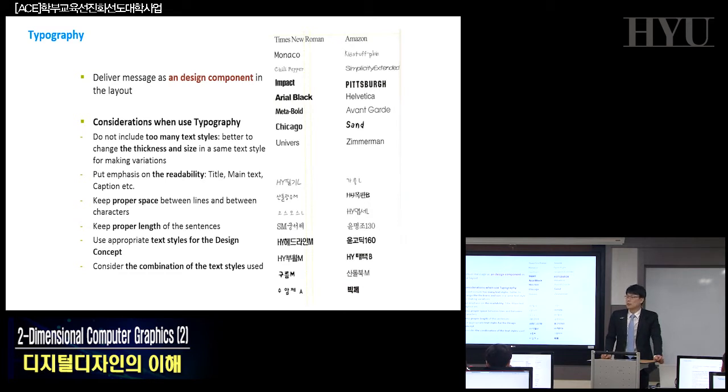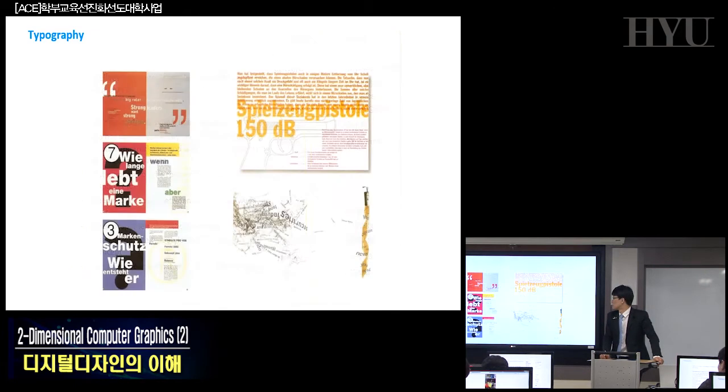Also, properly and intentionally made void space is required, because too much text sometimes looks very boring. So intentionally making void spaces, empty spaces, and double lines will be very helpful. Properly generated lengths and appropriate text style combinations we need to take care of.